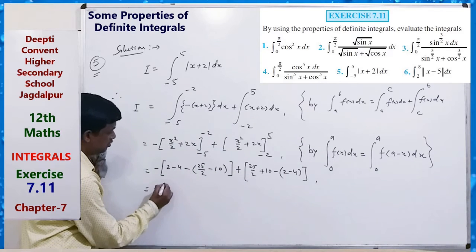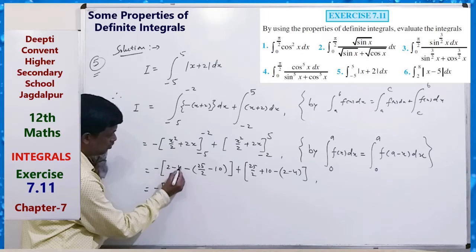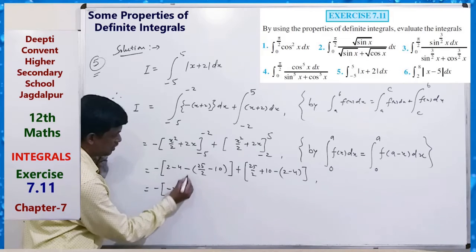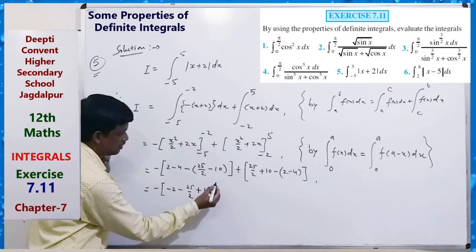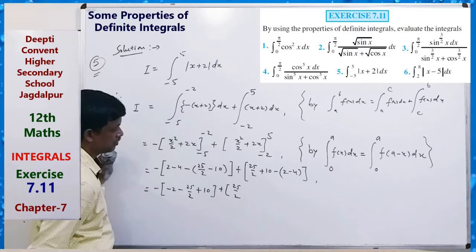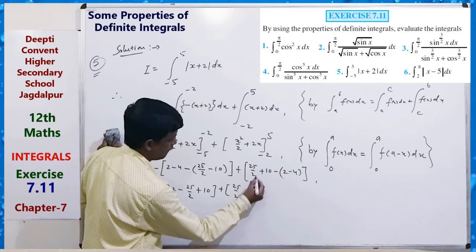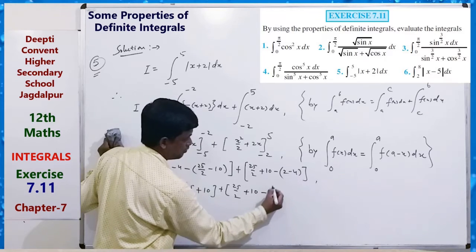What do we get? 2 minus 2, minus 4, minus 2, minus 25 by 2, plus 10. This plus here 25 by 2 plus 10, minus 2, plus 2.